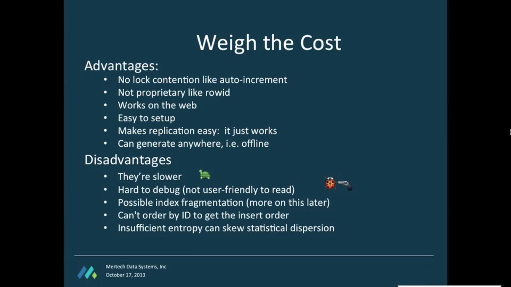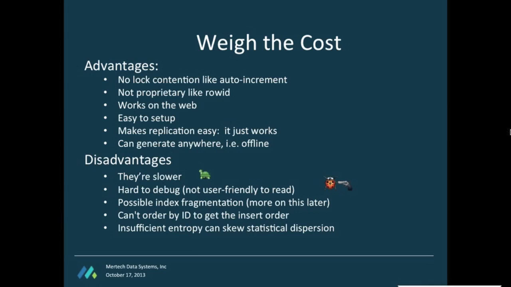On an auto-increment or sequence-based table, you have the possibility of getting a hotspot in relation to the sequence if you have lots of inserts being done on your tables. When you're using UUIDs, since they're being generated from random data and these algorithms, there is no one piece that you have to worry about from that standpoint for lock contention.